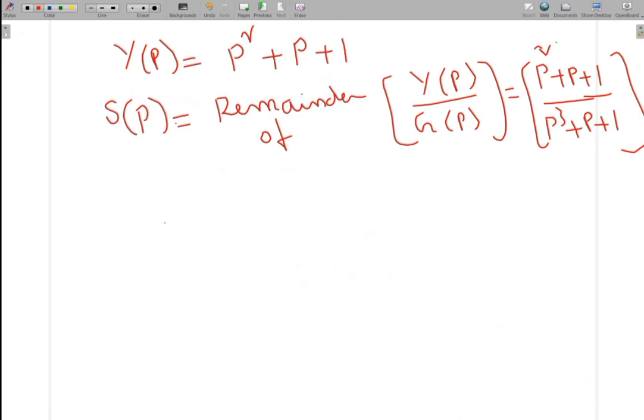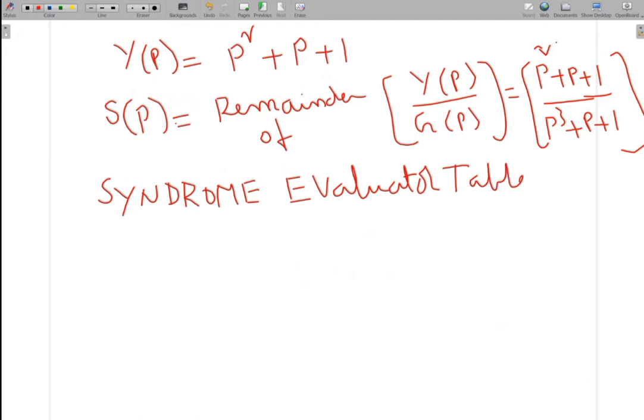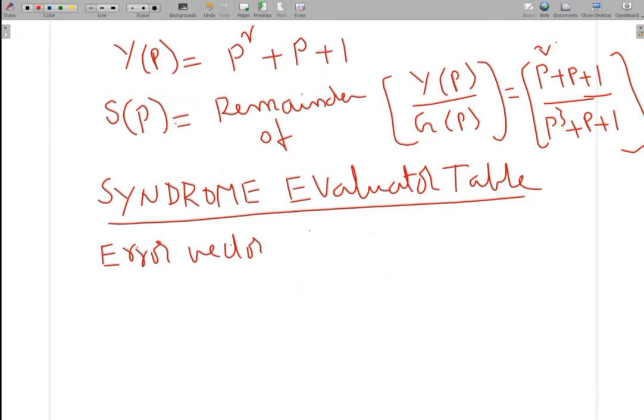Next, find out the syndrome evaluator table. In the syndrome evaluator table, from that only you have to calculate E of p. First one is the error vector. Next one is the error polynomial.